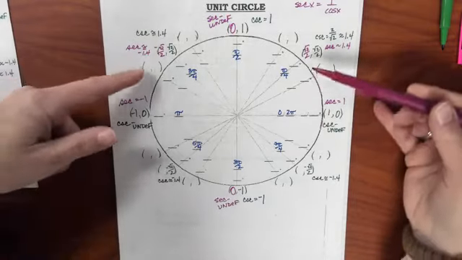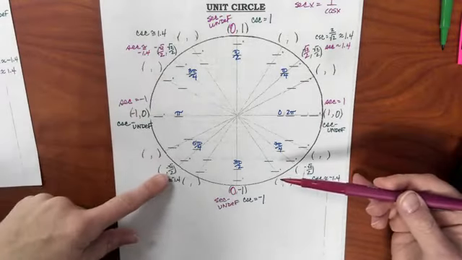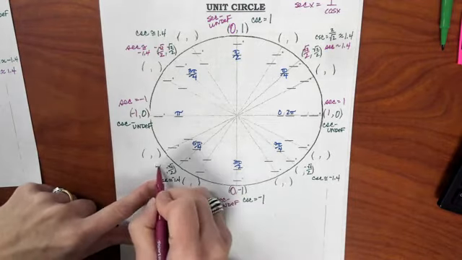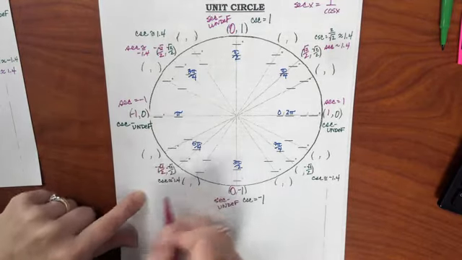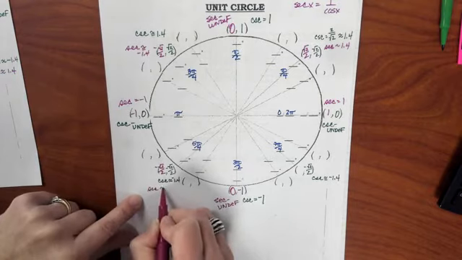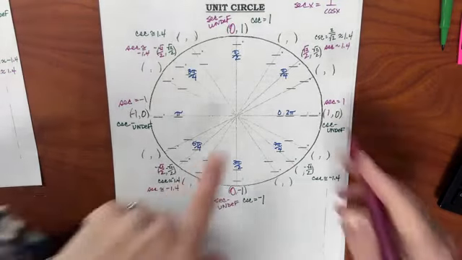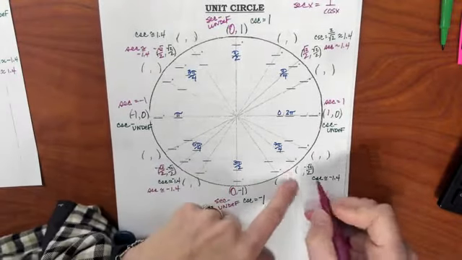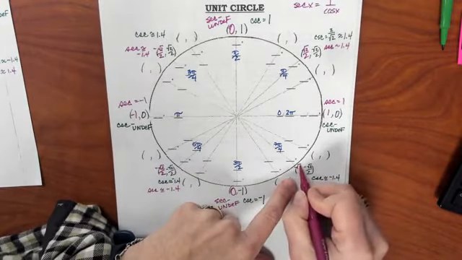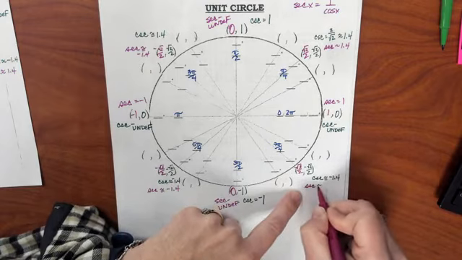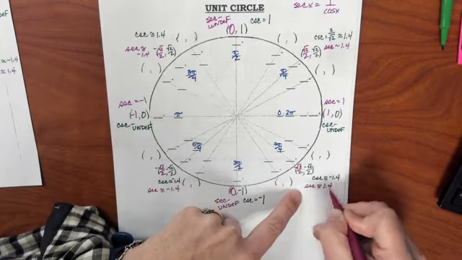Down here, my cosine value in 5 pi over 4 in quadrant 3, these are negative. So my secant value is also negative. Here in quadrant 4, this is positive square root of 2 over 2, so my secant value is positive 1.4.